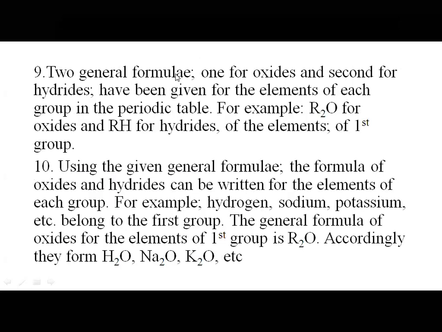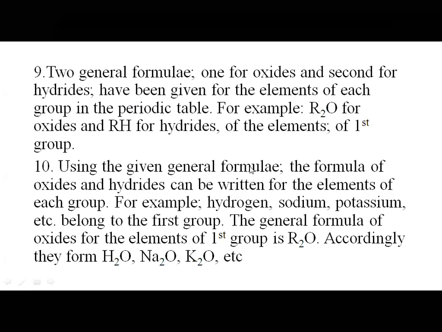Two general formulae, one for oxides and second for hydrides, have been given for the elements of each group in the periodic table. See what all he did. For the first group, the oxide formula was R2O and the hydride formula was RH.